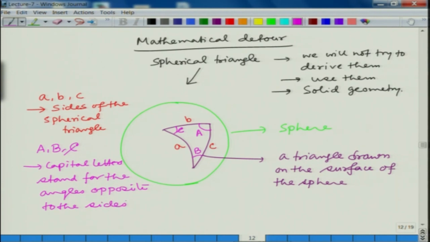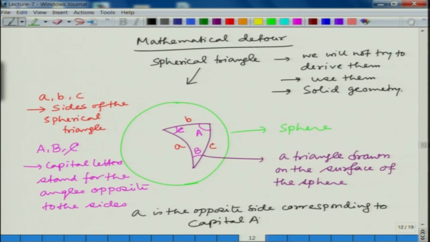So, note that small a is the opposite side corresponding to capital A. Capital A is the angle. Okay. That is how we denote the angles and sides of this particular spherical triangle.